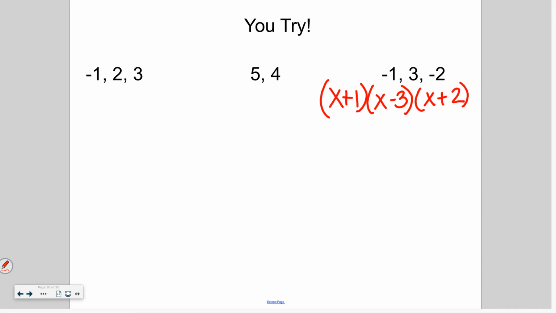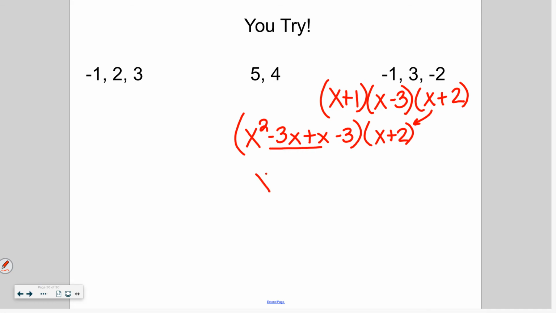I'm going to FOIL these this time. So x, let me fix that. So x squared minus 3x plus x minus 3. We have the x plus 2 still over here on the side because we have to bring it down. Combine your like terms. So x squared minus 2x minus 3.